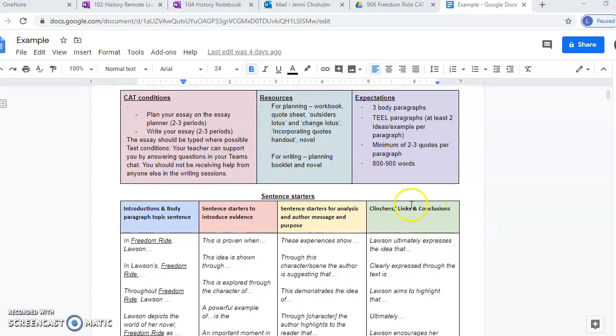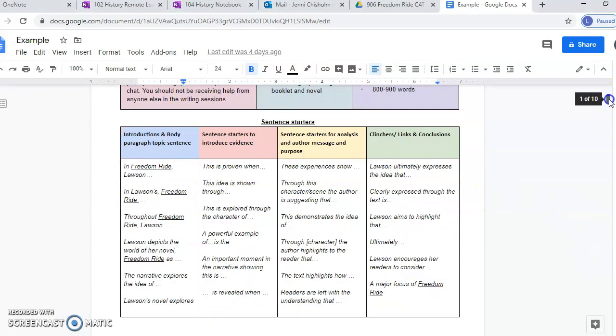Also, don't forget on your planner, there are some sentence starters that might be helpful for you with writing your essay. So introductions and body paragraph topic sentence, these might be helpful for you to know how to start the sentence. Sentence starters to introduce evidence.